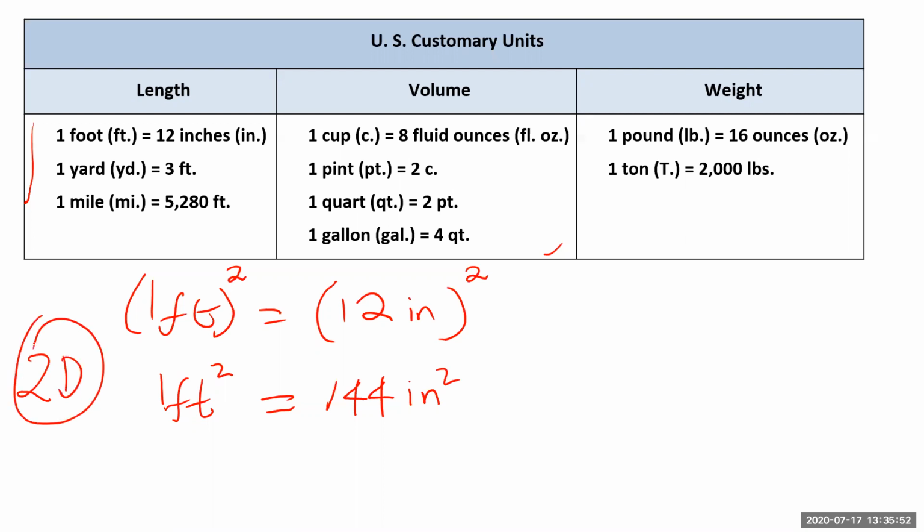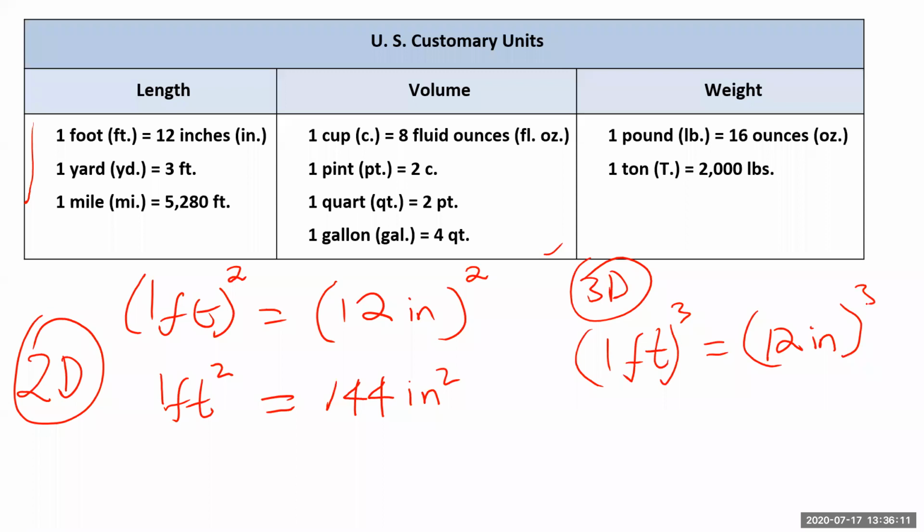So this is 2-dimensional, 2D. If you wanted to do 3D, we have to cube that. So 1 foot is 12 inches. If you want to change that into a cubic unit, we will cube that and cube that. So 1 ft cubed will be 12 cubed. Okay, so let me do that. 12 cubed and then inch cubed. Now what is 12 cubed?